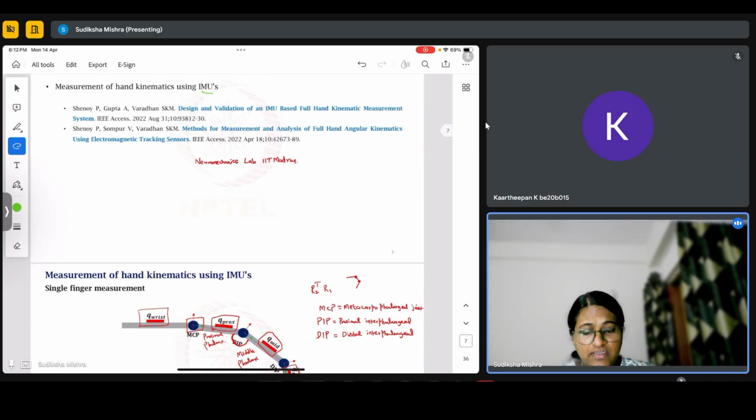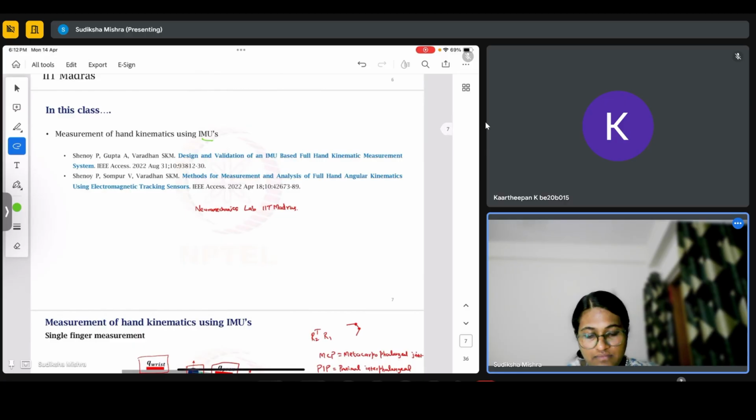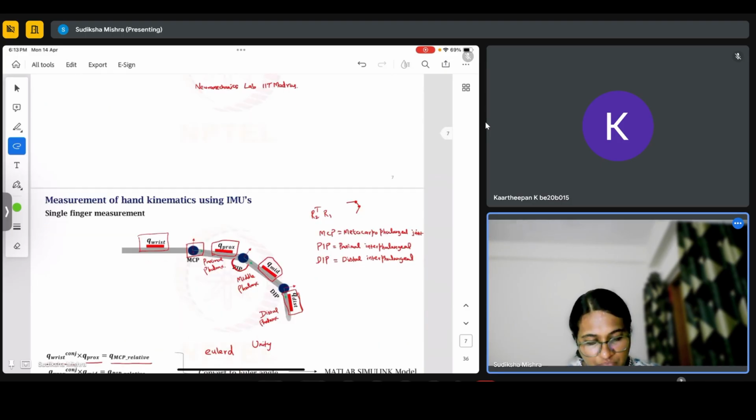In this particular case, they have successfully designed an IMU-based hand kinematic system, because they are interested in hand kinematics.